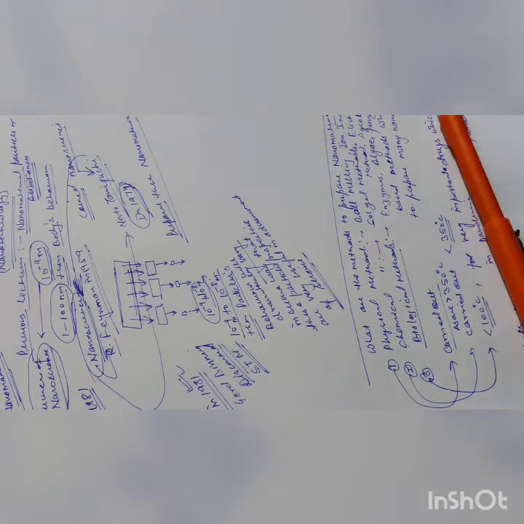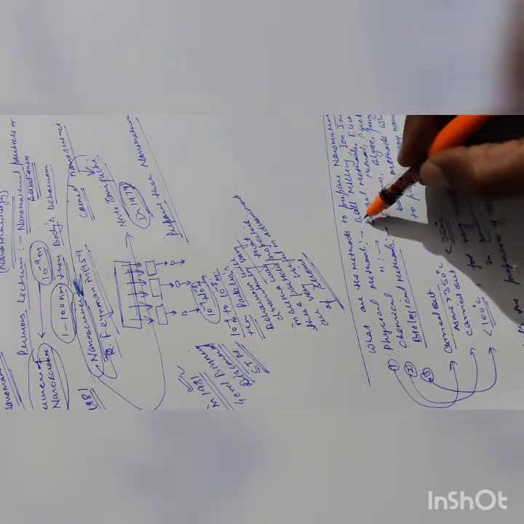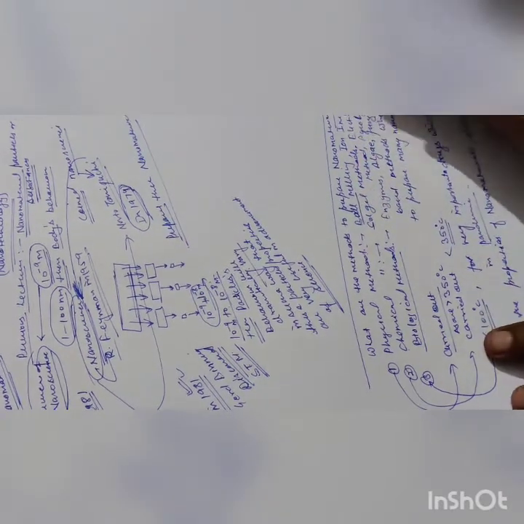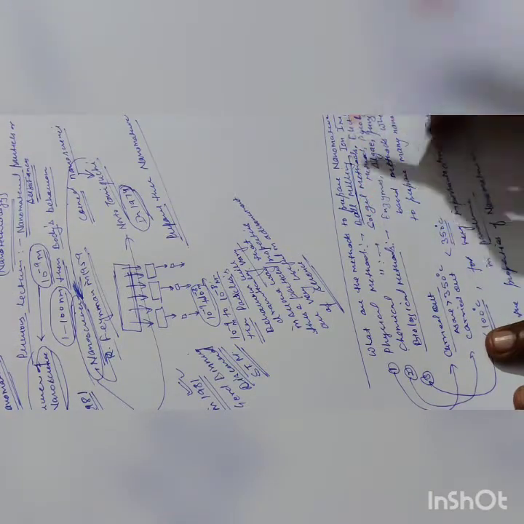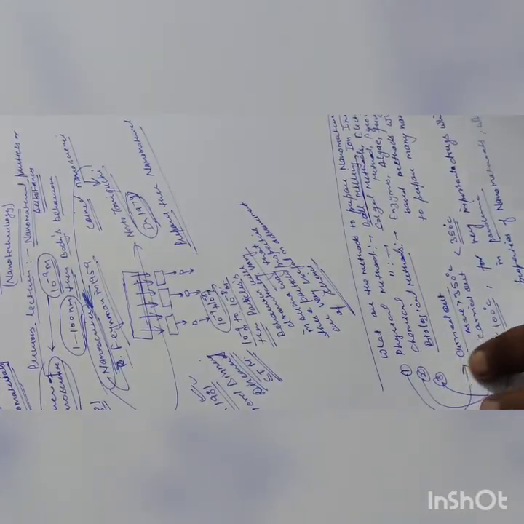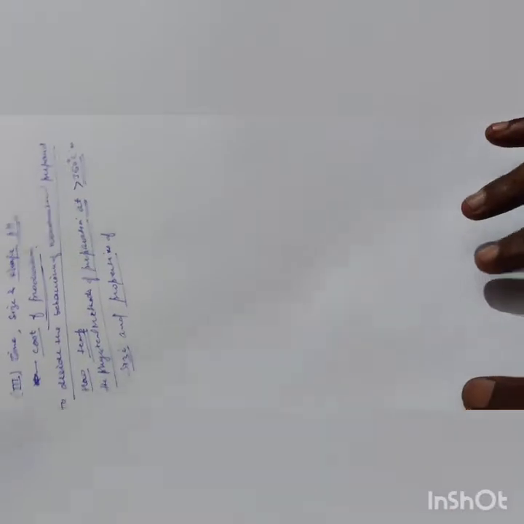There are mainly three physical methods used in nanoscience. First of them is ball milling.